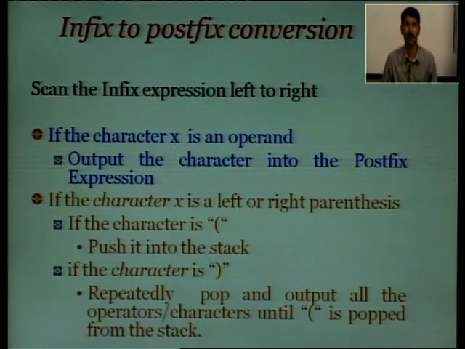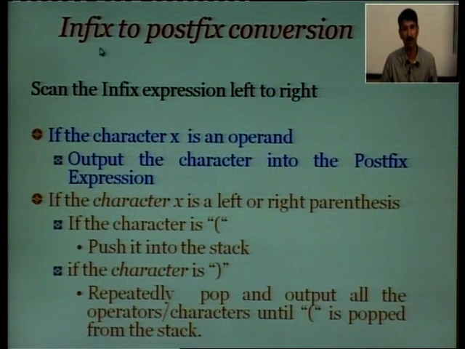The postfix form does not need any brackets. Whatever the priority of the operators is in the infix form, that is absorbed in the postfix form, and this is done with the help of stack. How to convert it manually, you might have gone through.